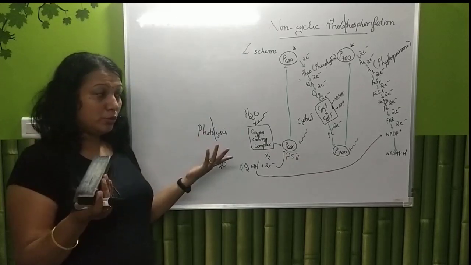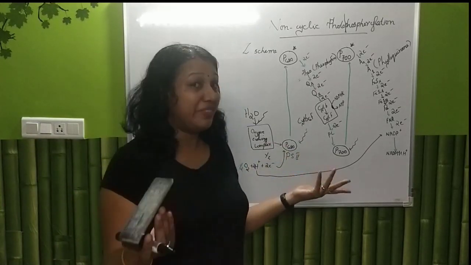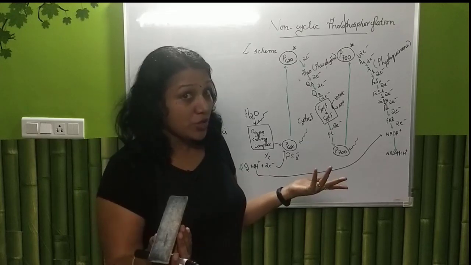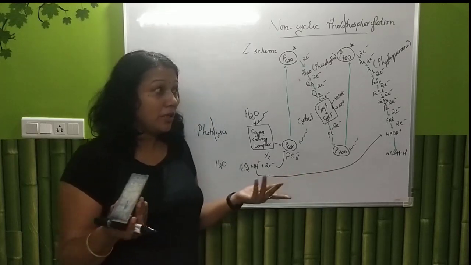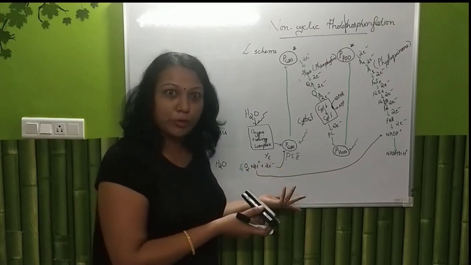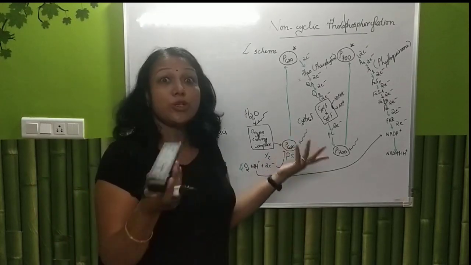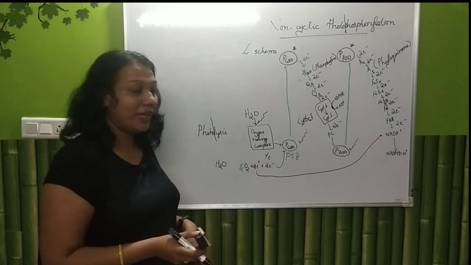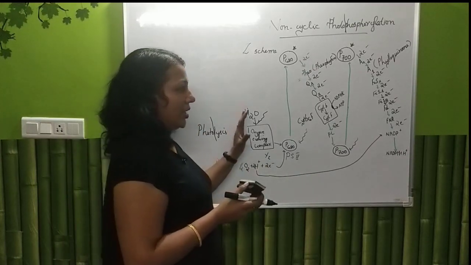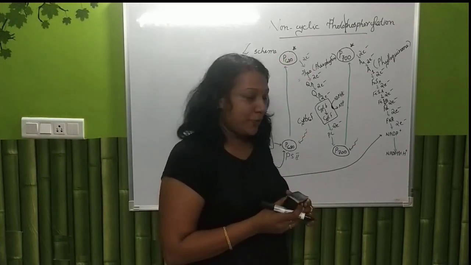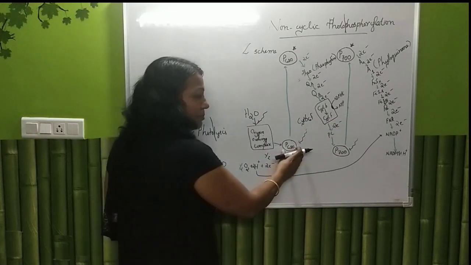Now, who is poor here? Who lost everything? That is another important NEET question. Who lost electron? Yes, of course, water lost its electron. Who lost hydrogen? Water, of course. Who lost oxygen? Water, right? So this is non-cyclic photophosphorylation. Actually, we have to study from P680.